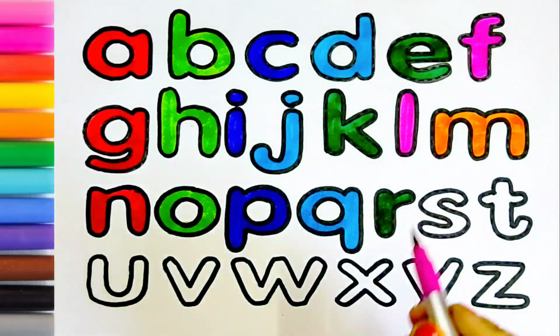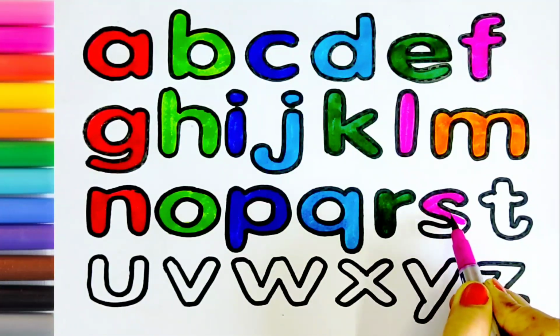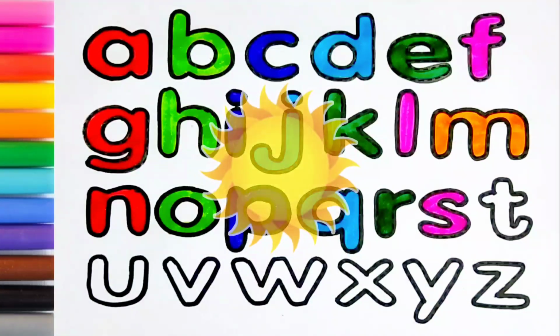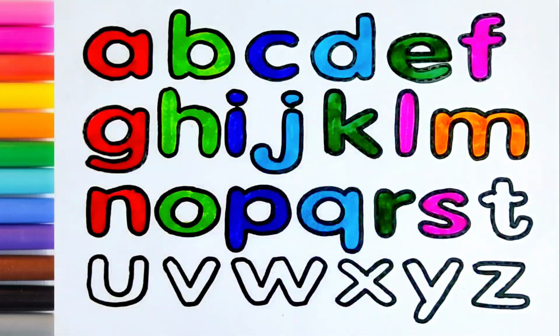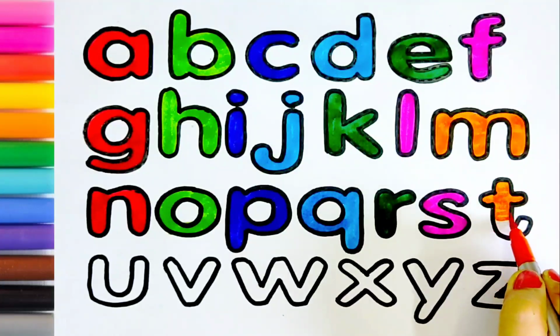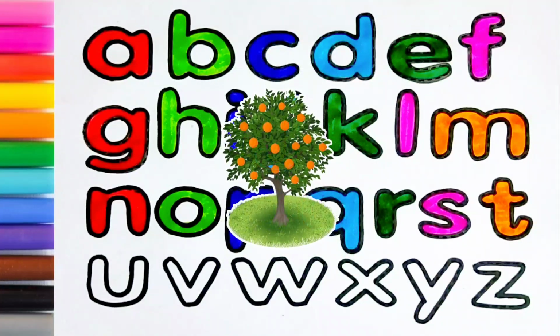Pink color, S for sun. Orange color, T for tree.